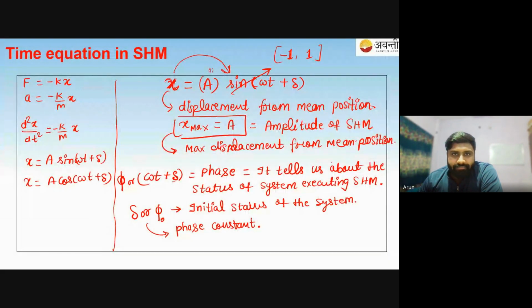So we have done the time equations. For the time equation, we have found that the first equation we got is x equals a sine omega t, and we are taking omega t plus delta.